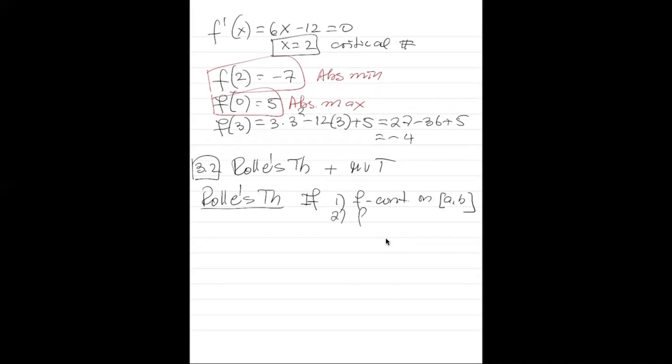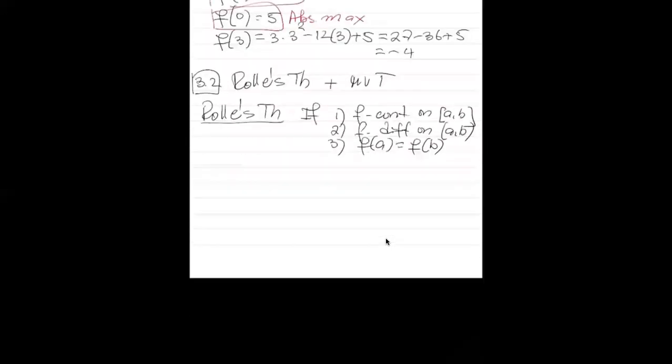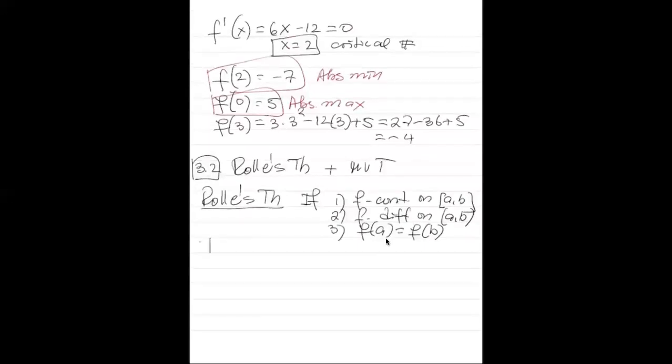Number two, f is differentiable on the open interval. Number three, f of a is equal to f of b. That means both ends of the graph are on the same level. Then there exists some number c in the interval such that f prime of c is 0.